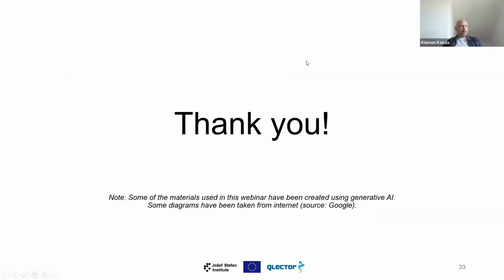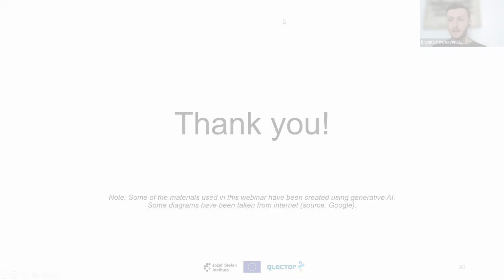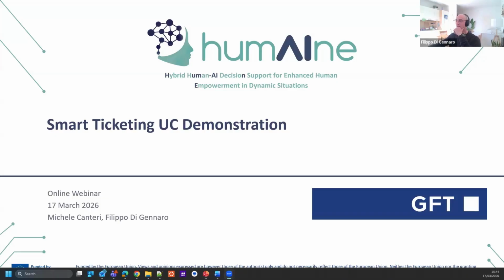Thank you. Thank you, Clevin, for the wonderful overview of the component. This is our application that we're going to showcase today, the smart ticketing demonstration. So this will be focused on the integration and usage of the active learning linked to a ticketing app that will manage and support users that need to manage tickets.